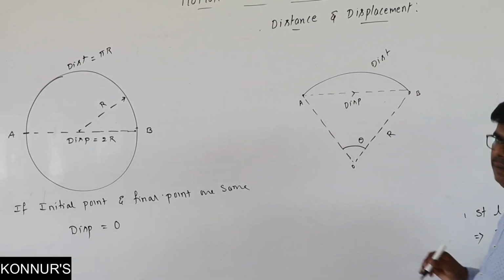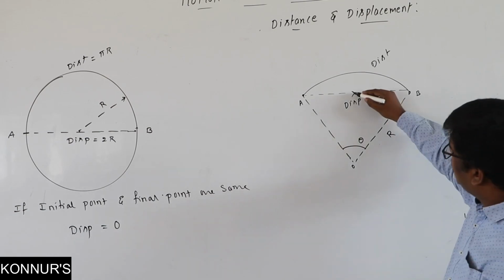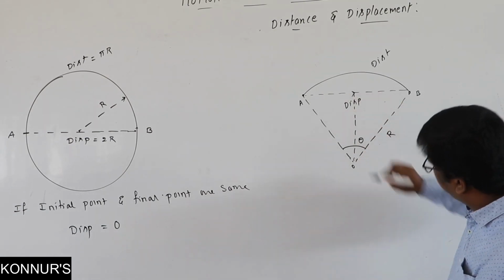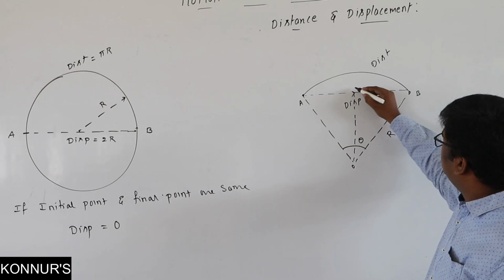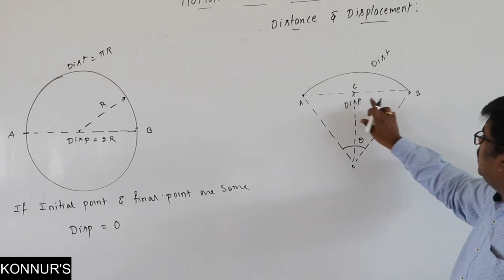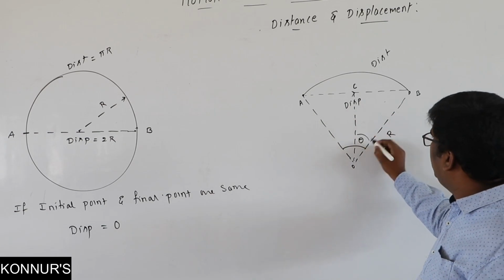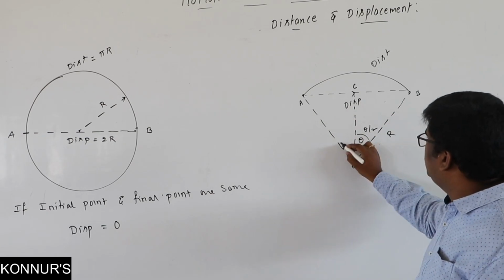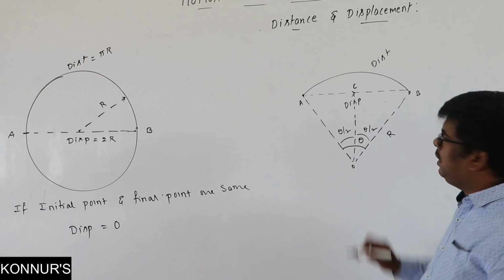To get the displacement in this case, you should bisect it. If you bisect it, now it's a right angle triangle, and this angle is theta by 2.